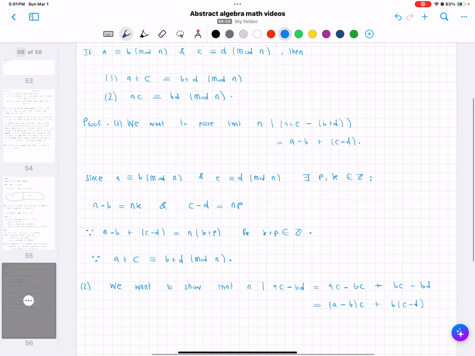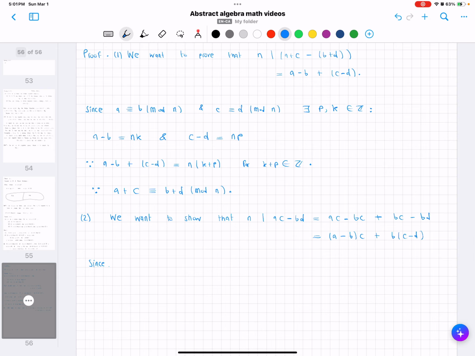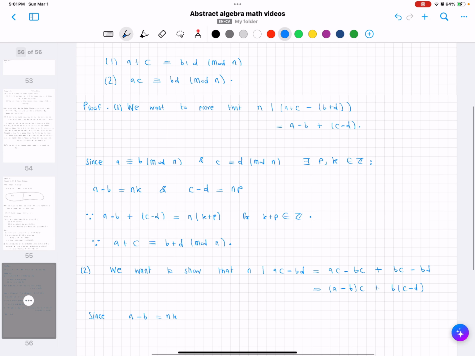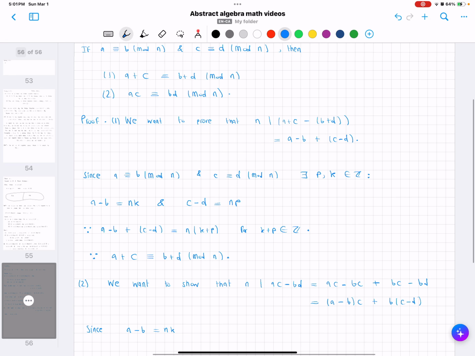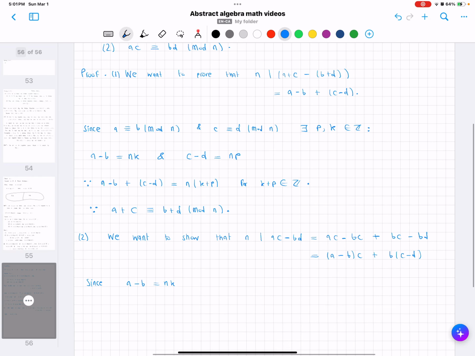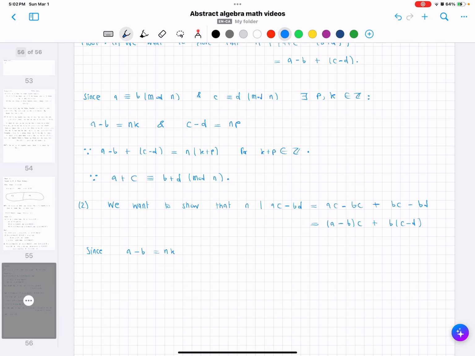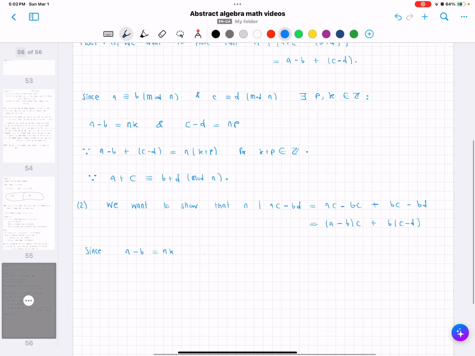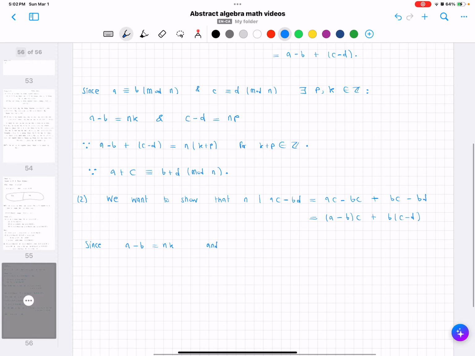So anyways, we have the following. Since A minus B is nk and C minus D is n times p, we can replace A minus B by nk, and we can replace C minus D by np.